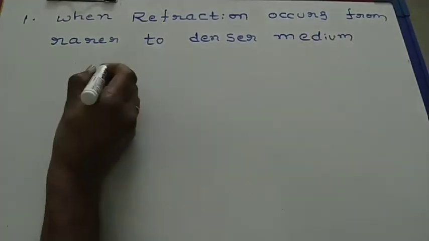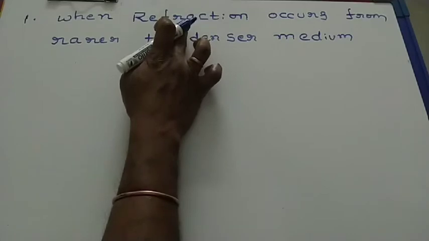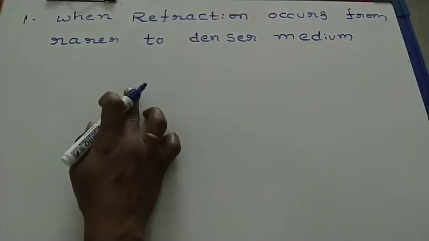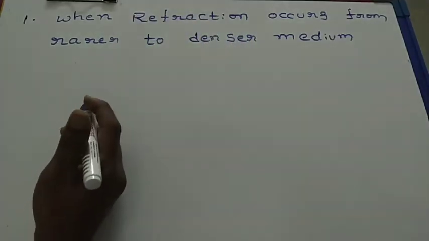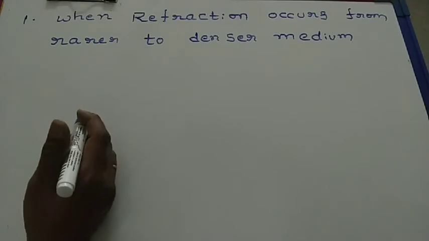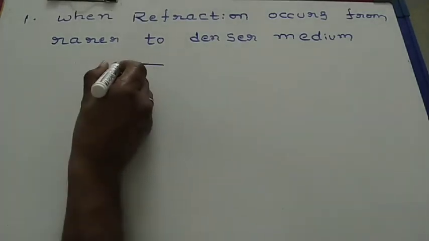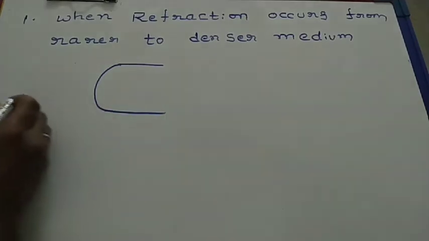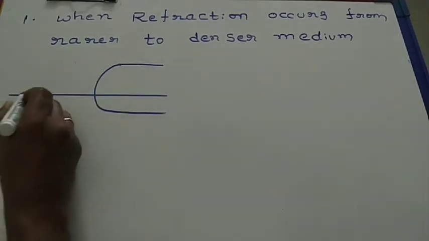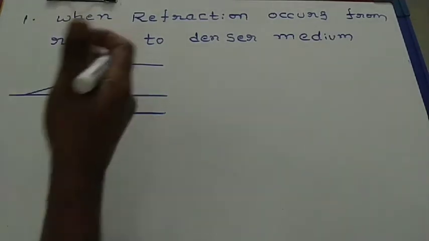What is the diagram? When refraction occurs from rarer to denser medium, this is one diagram. Okay?